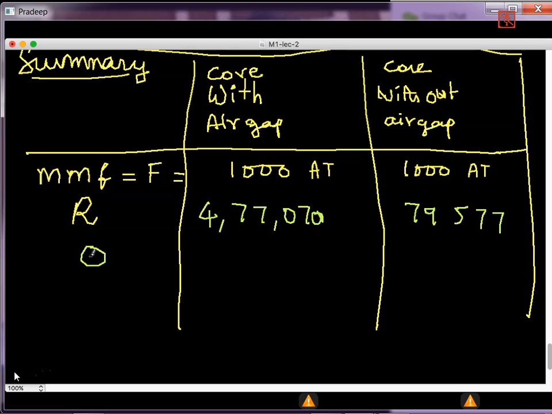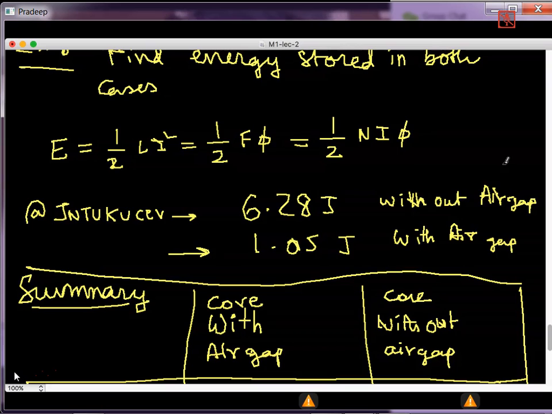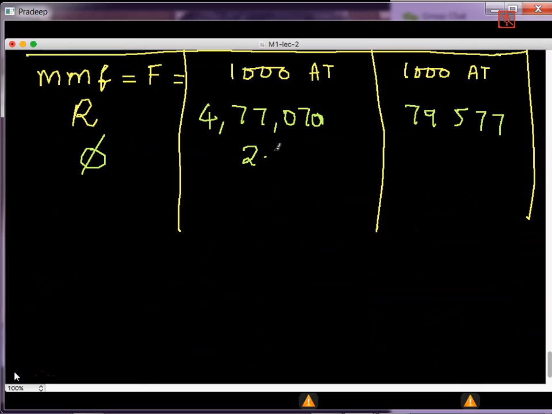So what about the flux? So with air gap, the flux is less. That is, how much was the flux? 2.1 milliwebers. Whereas here the flux was 12.5 milliwebers.